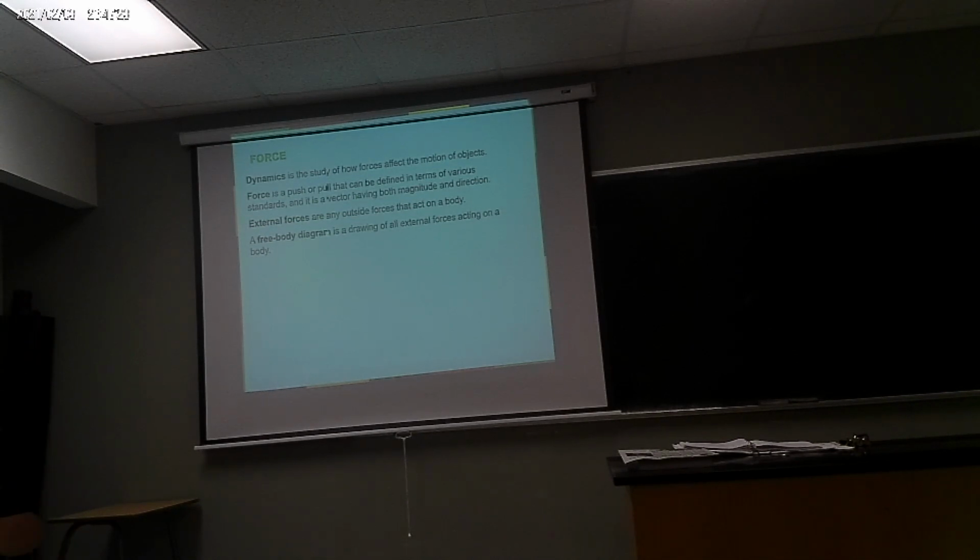Free body diagram is when we draw all the forces on the object. That is going to be a very important thing that we learn in this chapter, how to draw the diagram. Anything without the diagram is not acceptable.